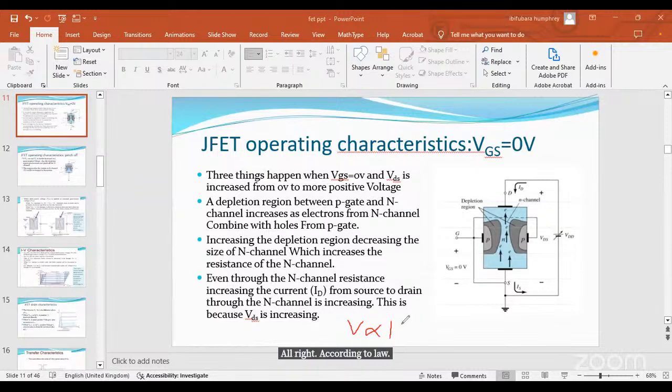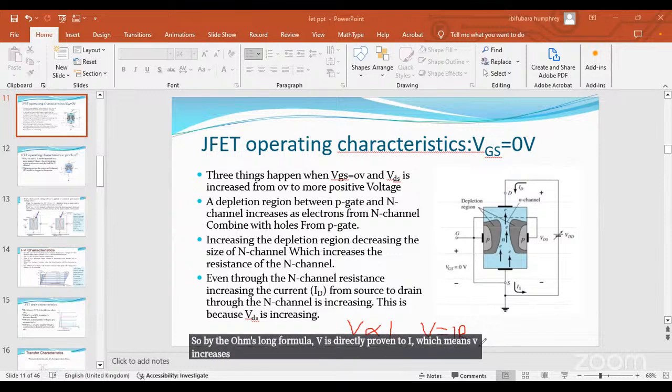If I remove this direct proportionality sign, it gives me V is equal to IR. Now, R takes the form of a constant, isn't it? By this Ohm's law formula. So by the Ohm's law formula, V is directly proportional to I, which means V increases, I increases.